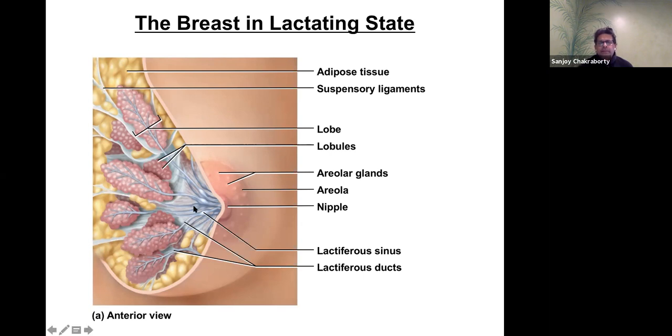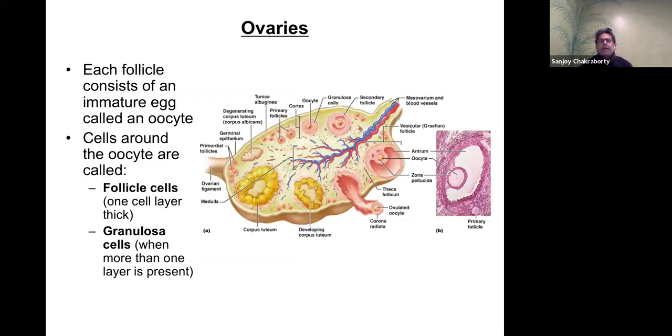So this lactiferous duct carries it to this little bit swollen and expanded area we call the lactiferous sinus, which brings it back into the nipple. And this is a positive feedback. As soon as the infant starts sucking the nipple, more milk will be delivered. This is one example of positive feedback, by the way. So that's the structure you got to study.